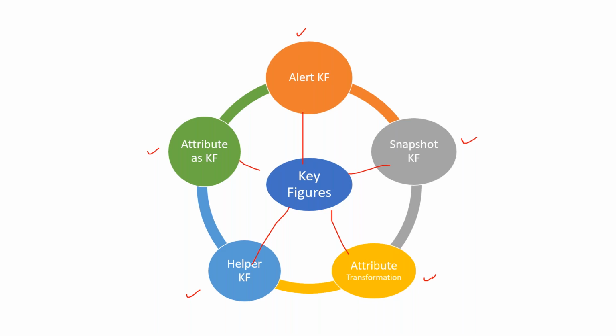But you need that value 125 across your horizon to do a lot of different calculations. So for that, you can mark the attribute as a key figure, and then you can populate the value of 125 across the horizon that you want. So we have seen the kind of calculation and approach that we have to take for all this.